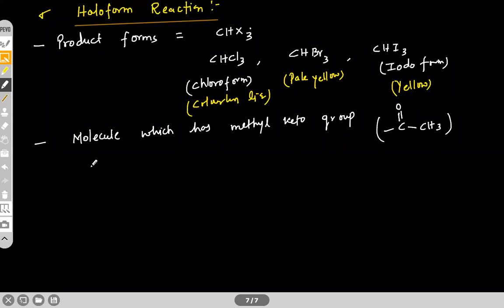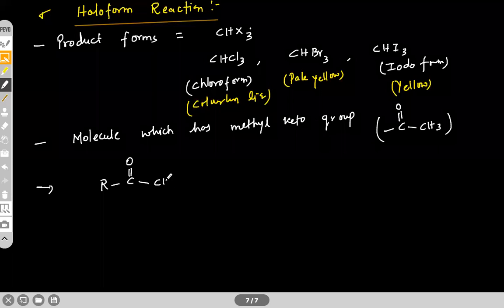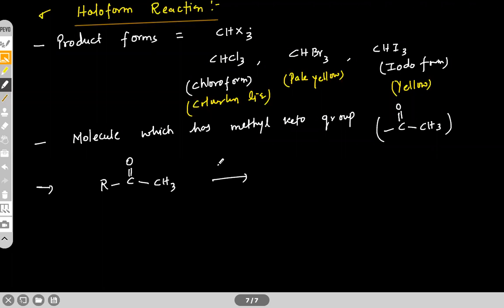For example, if the reaction is R-C double bond O-CH3, and this is allowed to react with I2 in presence of NaOH base. This is the haloform reaction.